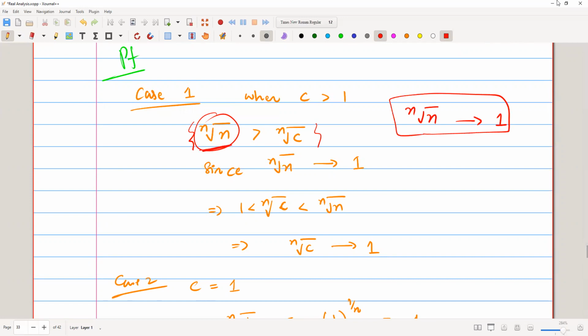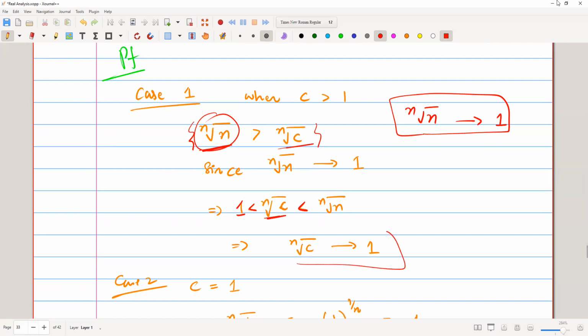And we know that this thing here is greater than this thing, and this converges to 1. Therefore, this is bounded now. The nth root of c is bounded between 1 and the nth root of n, because this thing cannot be greater than 1, so it is bounded between 1 and nth root of n.